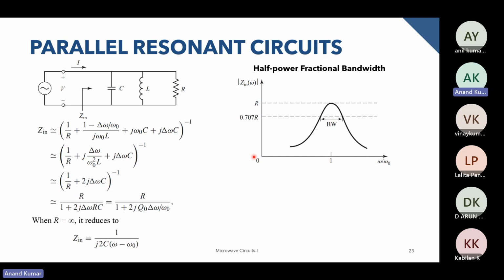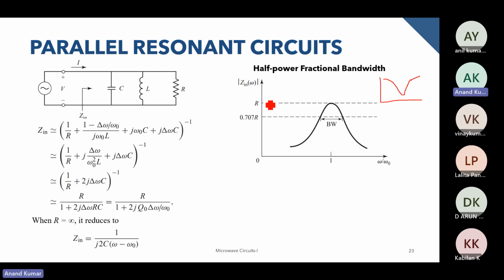Now, to find the half power fractional bandwidth, I was talking about this particular plot over here. If you recall, we just saw some time ago that if we plot the input impedance Z versus omega for a series resonant circuit, it was something like this, and for a parallel circuit, it is just the opposite.